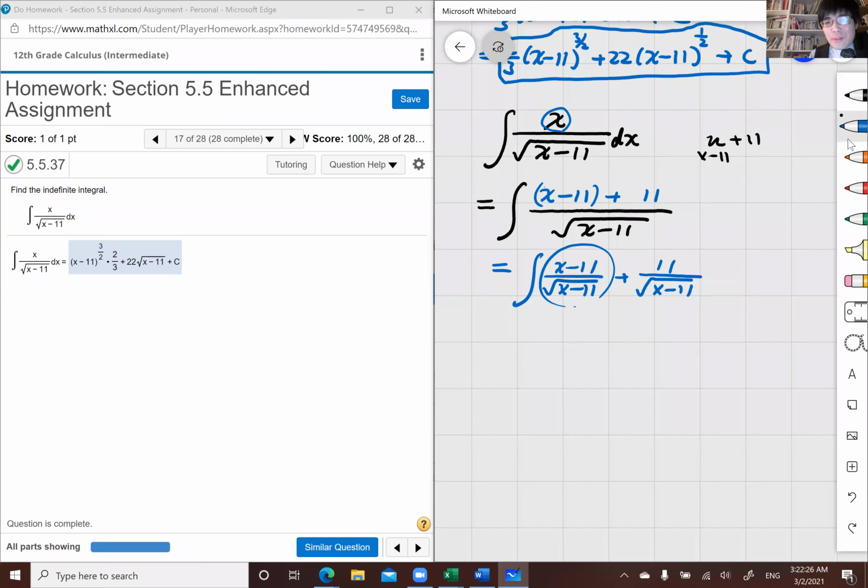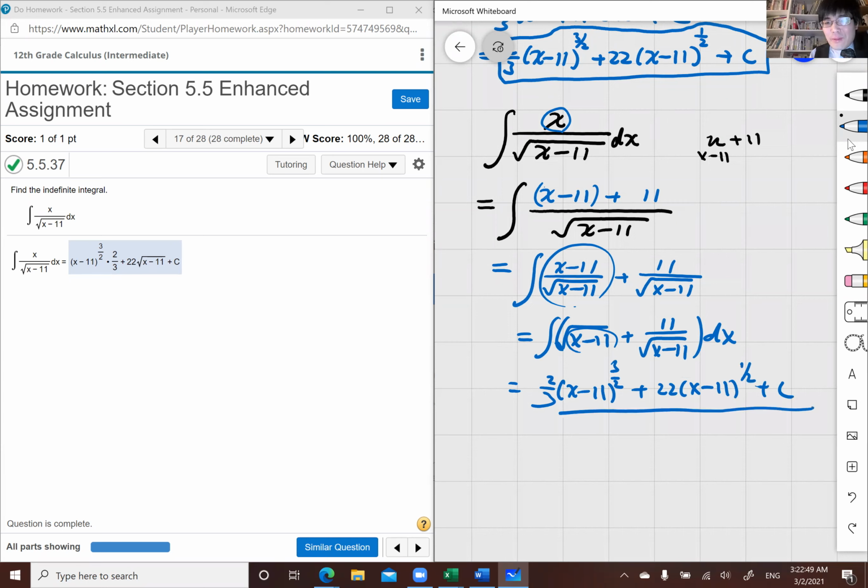Now this is going to be reduced to square root of x minus 11. And now you can integrate both of them without changing it into u. This is because inside the linear term, it is 2/3. And it's going to be 22 x minus 11 to the power of 1/2. And that's faster if you can see this.